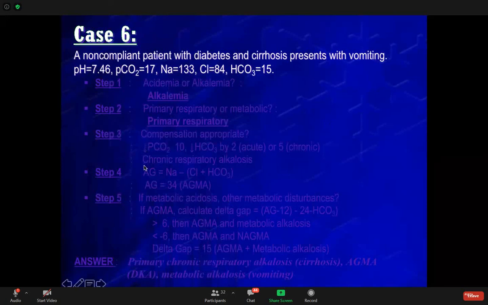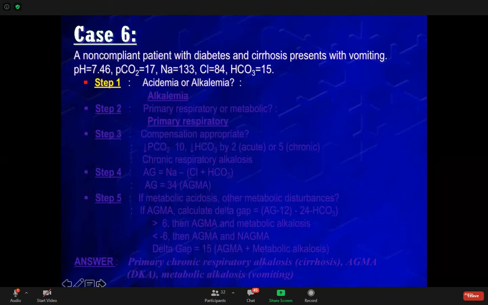Exactly. So we see, is this acidemia or alkalemia? So what do you see? Alkalemia, perfect.